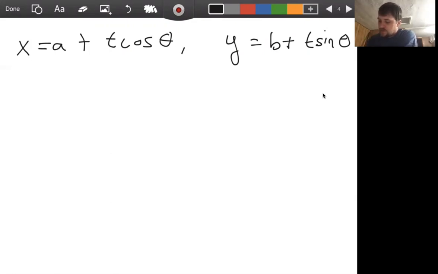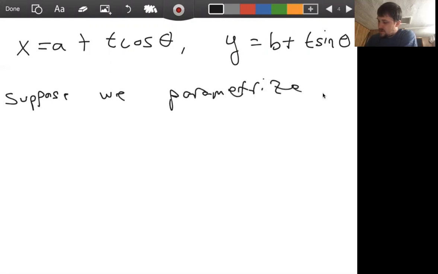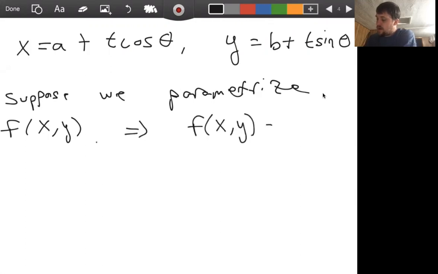And next, let's suppose we parameterize the function f of x, y. What that means is we can write the function of x and y as a function of t.